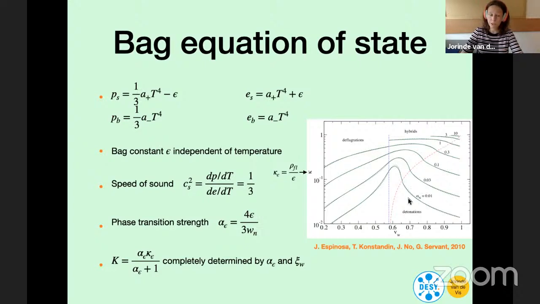Now, the kinetic energy fraction, which enters in the formula for the gravitational wave spectrum, can easily be obtained from this efficiency factor here. Now, in this paper, the authors provided a fit. So they gave this kappa in terms of alpha, the phase transition strength, and the bubble wall velocity.